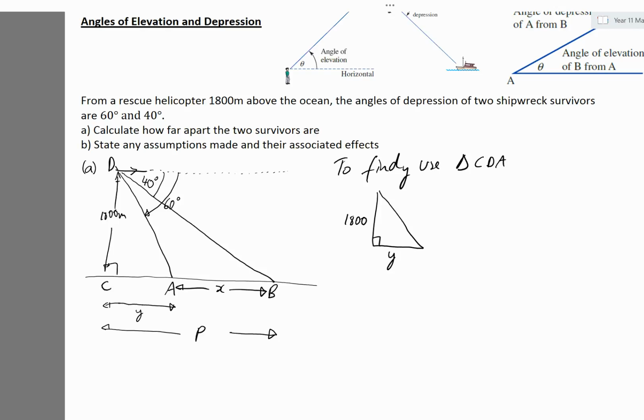I know that the angle of depression is 60 degrees, so this angle at the top will be 30 degrees, because they both have to add up to 90 degrees. Alternatively, you could say the angle of depression is 60 degrees, so this also is 60 degrees, and you can use that angle. Either way, it doesn't matter. I'm just going to use the angle at top. You can do whatever you want.